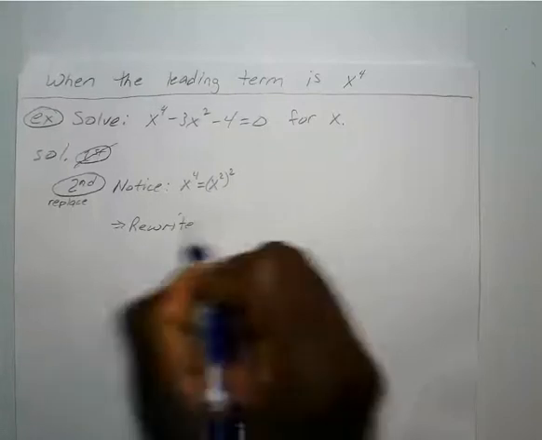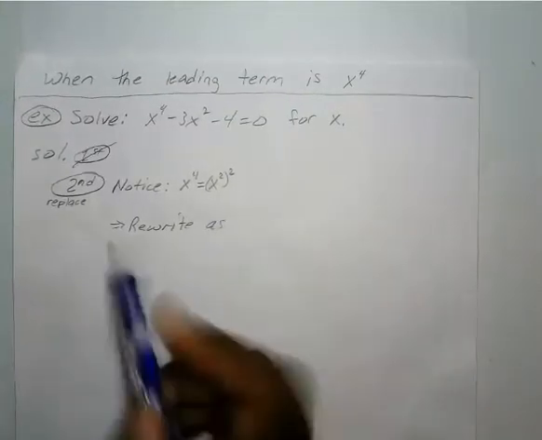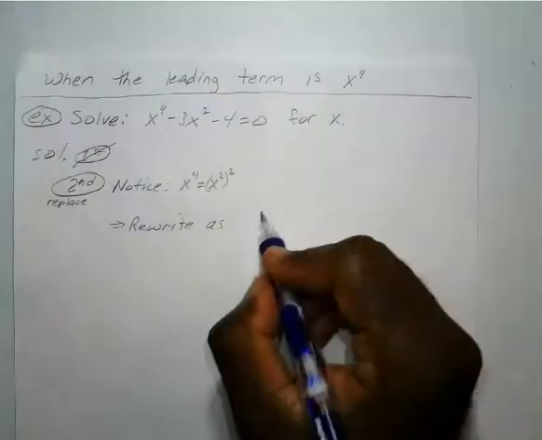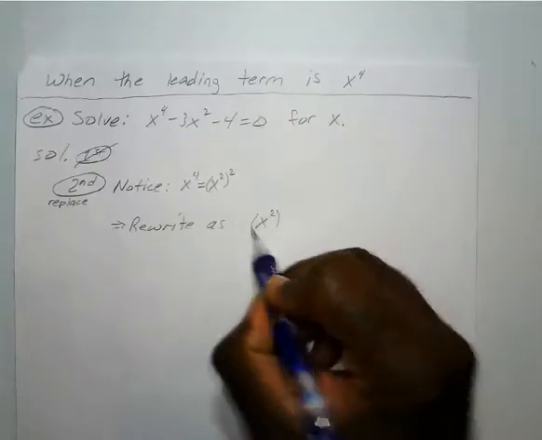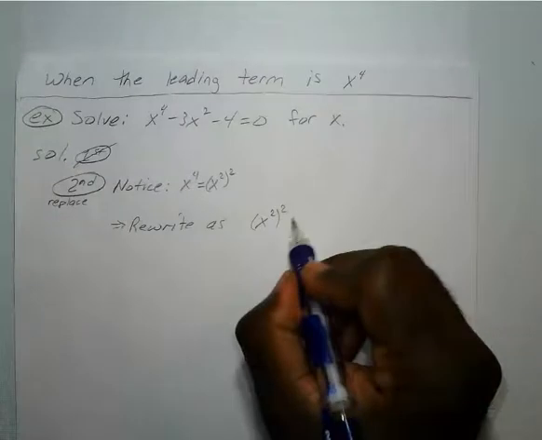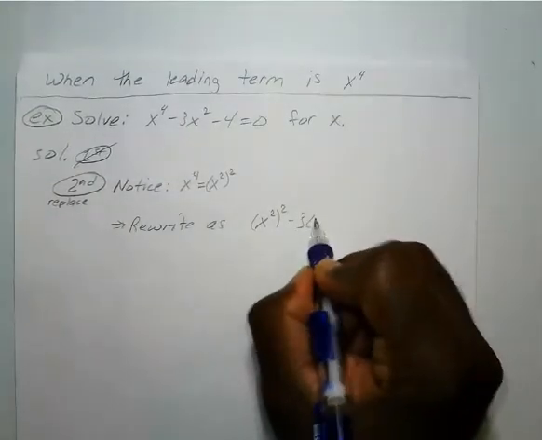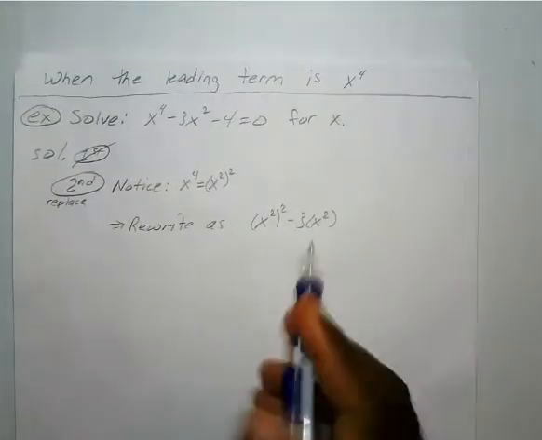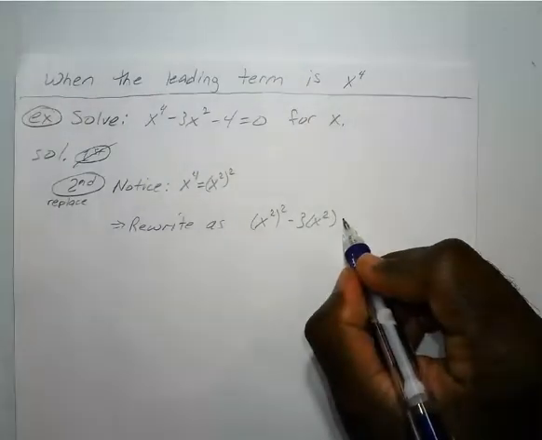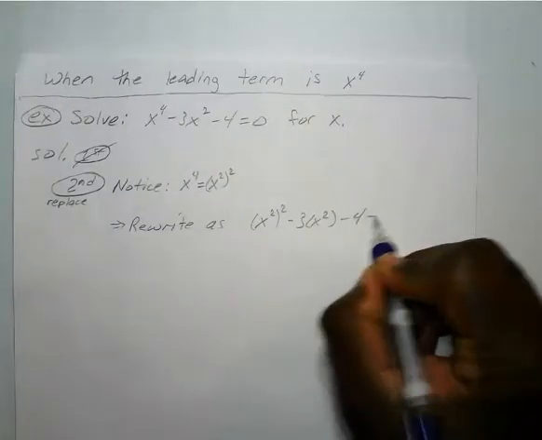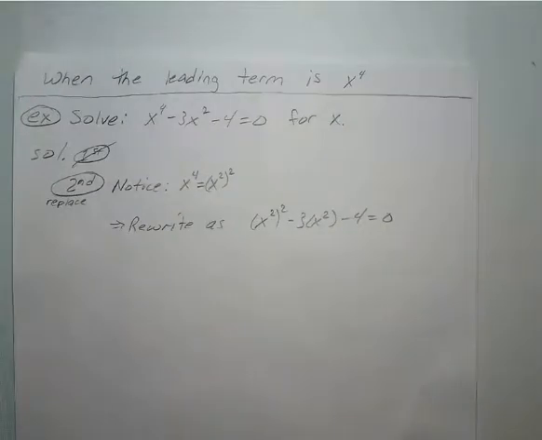Instead of x to the 4th power, we're going to make it (x squared) squared minus 3 x squared. You don't have to put the parentheses there, I just do it as my own personal preference, minus 4 equals 0.